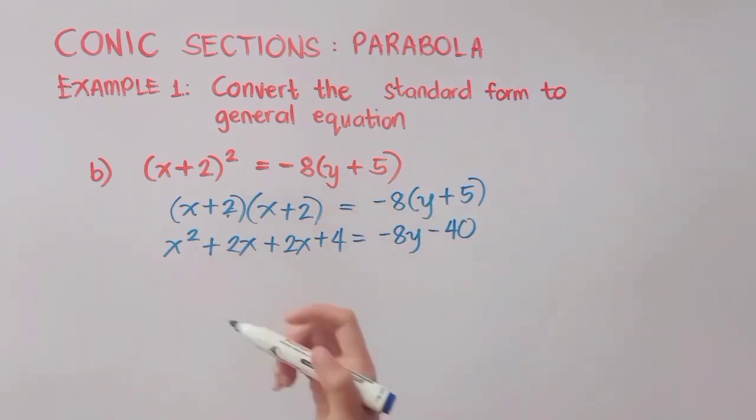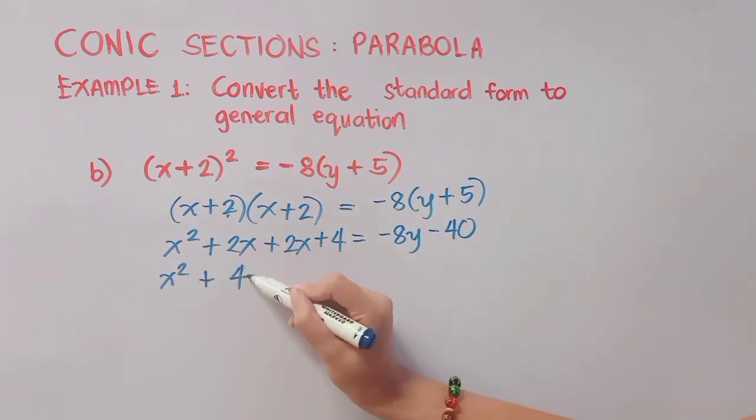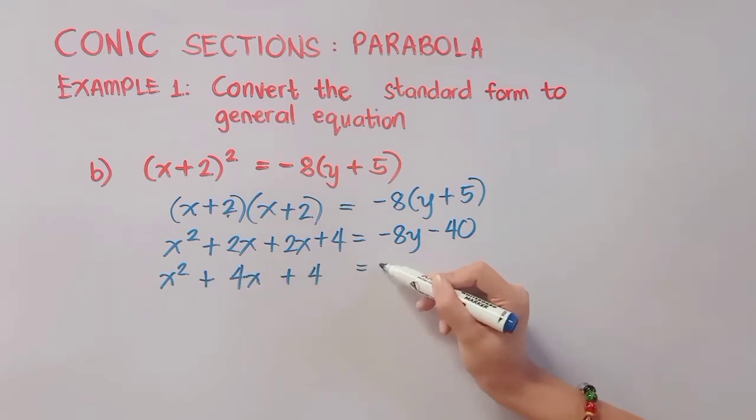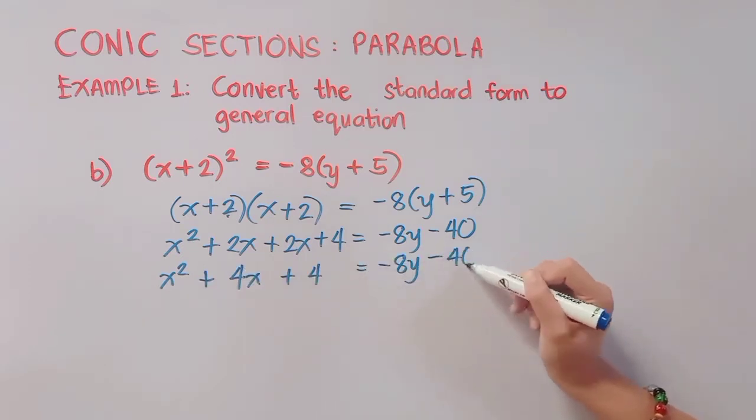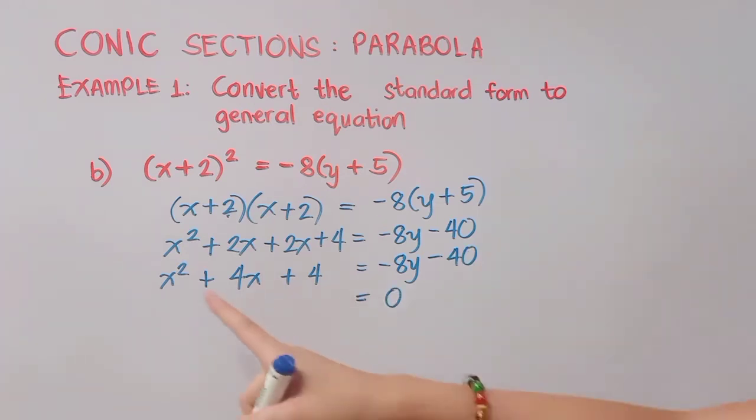Now we still have like terms on our left side, so that's 2x plus 2x, that is equal to 4x, and we will just copy the rest. Remember, in general form, all terms must be on the left side.